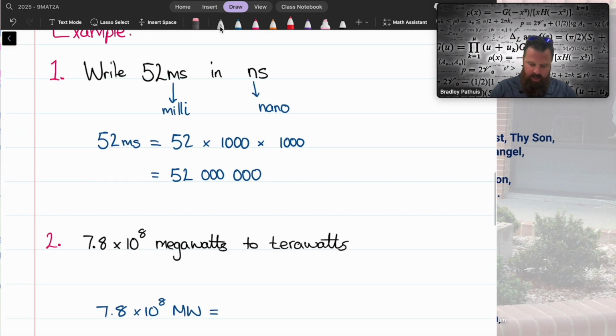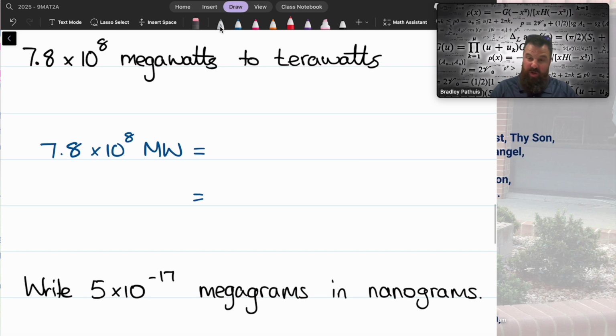So we come back down to our question. We know we're going from 2 steps, 2 lots of 1,000, and we're going from something small to something big. So we're dividing. We type 7.8 times 10 to the power of 8 on our calculator. We divide it by 1,000 because that gets us from mega down one step to giga.